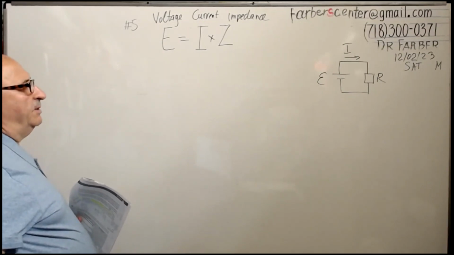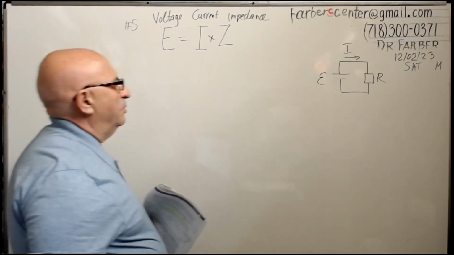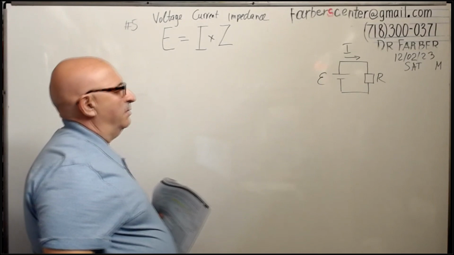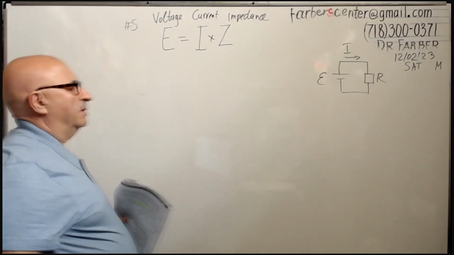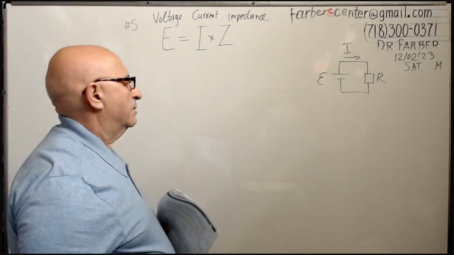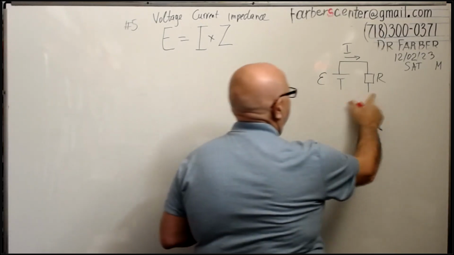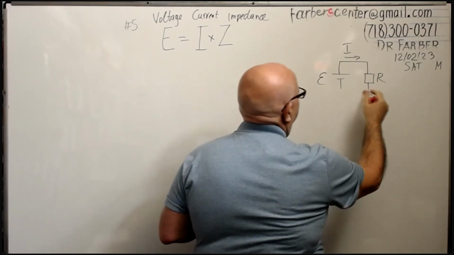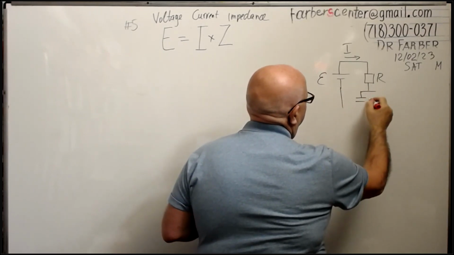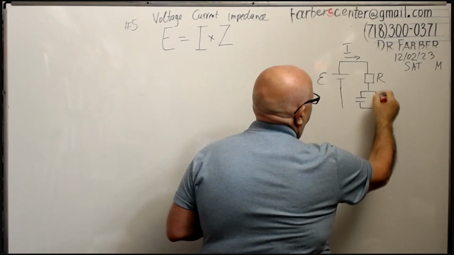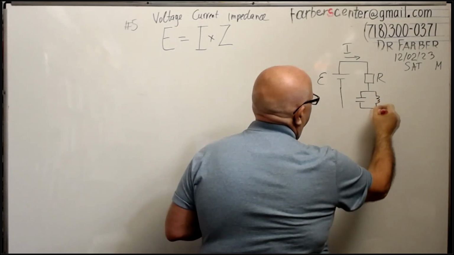But when you have alternating current, it could have different components, like capacitors, for instance, and inductors.